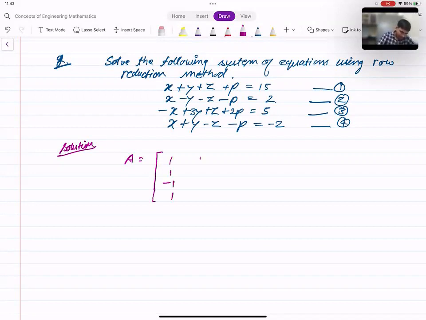Then we have 1 minus 1 3 and then 1. Then we have 1 minus 1 1 minus 1. Again we have 1 minus 1 2 minus 1, and then this constant terms will also be added to the augmented matrix. Okay, so they will form the next column. So 15 2 5 and minus 2.